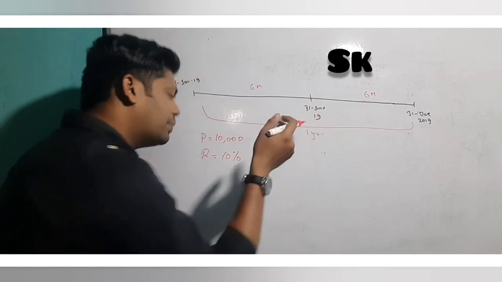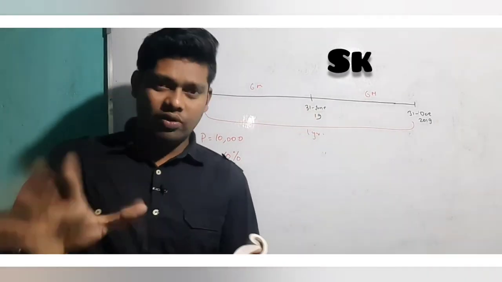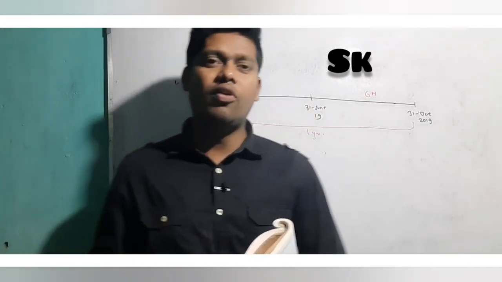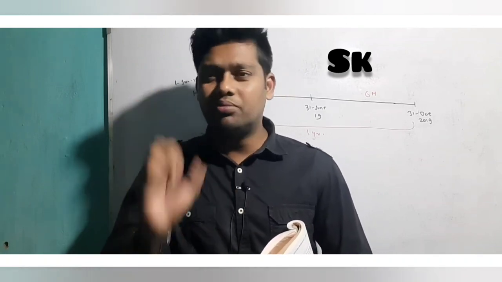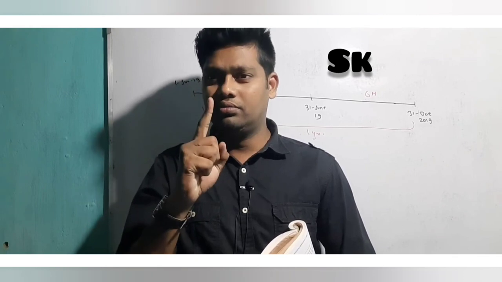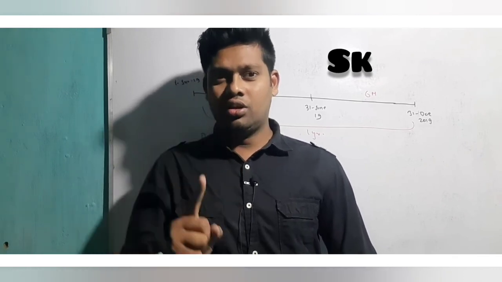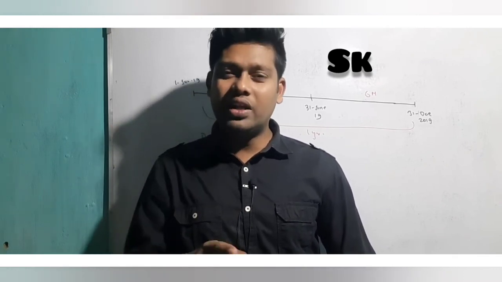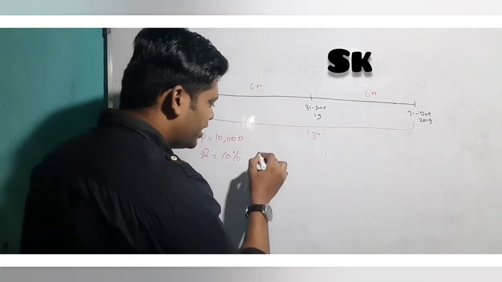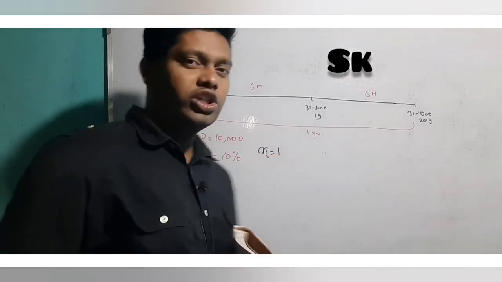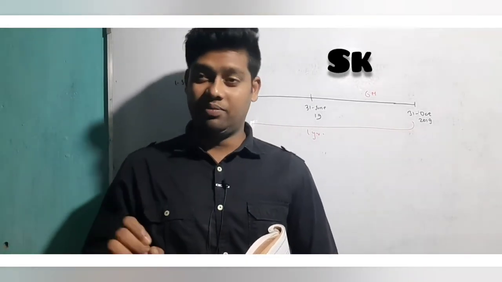They are saying annually for a year. So annually in a year, how many times does it come? 1 time. Annually means 12 months. In 1 year, how many times will it come? 1 time. So n is equal to 1.